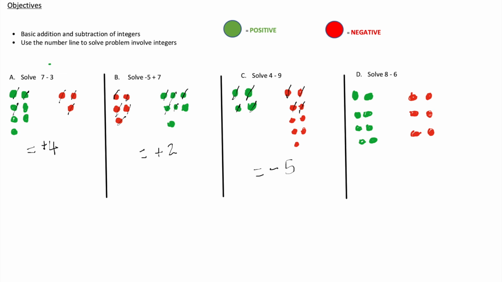And all we're going to do now is to cancel. So 1 positive goes with 1 negative, cancel, cancel, and so on. So we are left with 2 green circles. Therefore we know that this is +2. So the sign will always take the place of the bigger number.